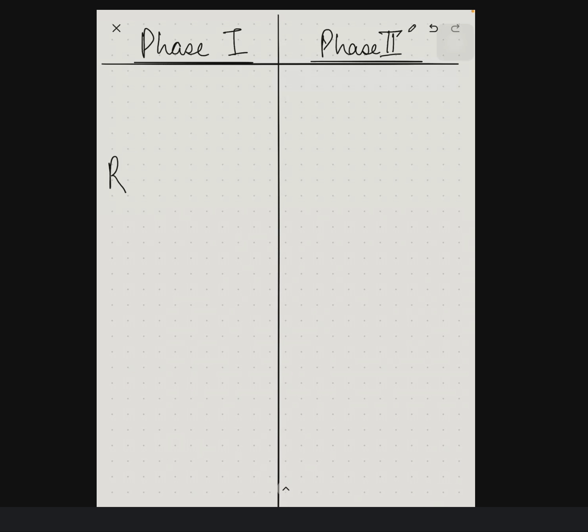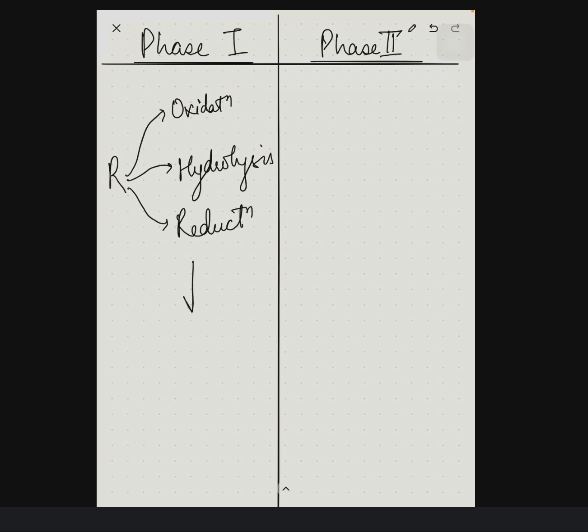So when the drug goes to the liver in phase 1, it tries to do basic types of reactions, and it could be oxidation, hydrolysis or reduction. The goal of these reactions is to make the substance hydrophilic so that it can be excreted out via the kidney.